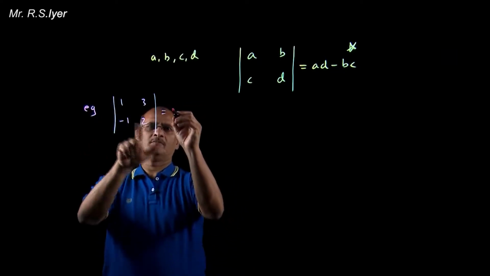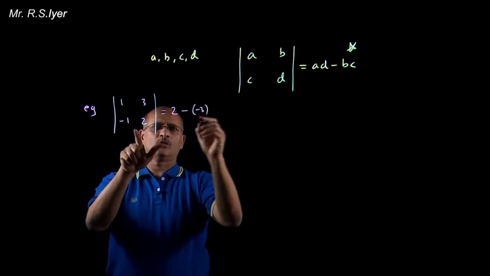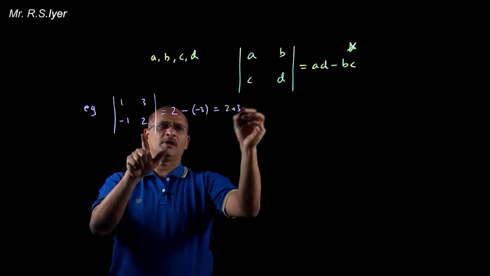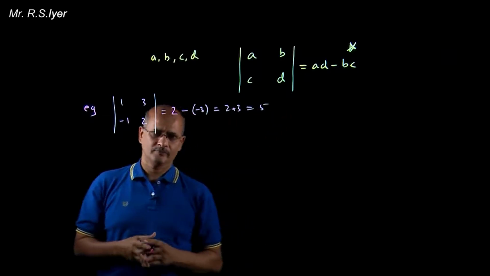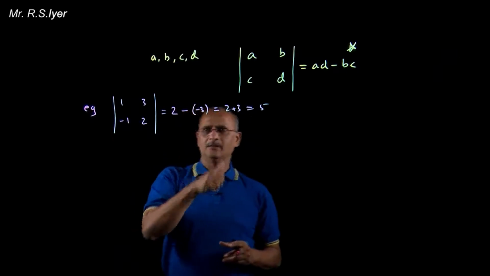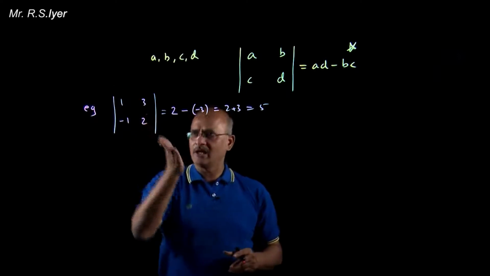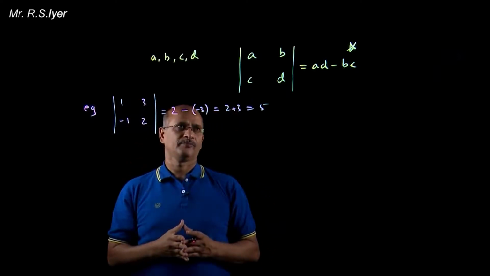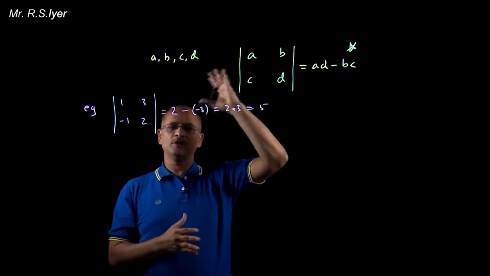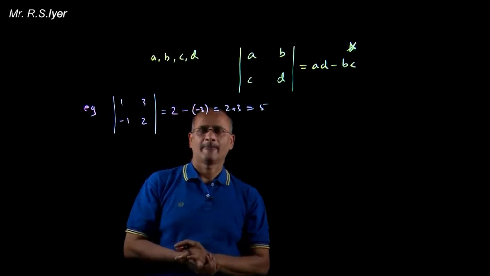So the AD minus BC is nothing but 2 plus 3, answer is 5. So this is the first beginning. You should understand that when you evaluate the determinant, it happens this way, AD minus BC. So this is a determinant of order 2. I hope you got this point clear.